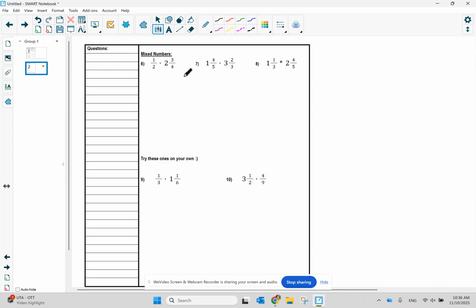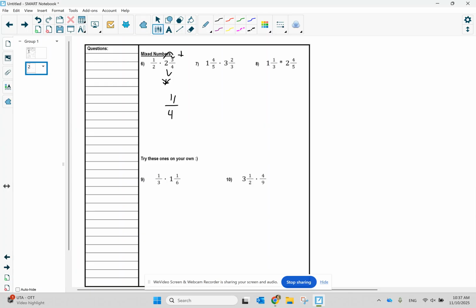Next, we're going to get into mixed numbers. And when we have a mixed number, we have to make it improper. So remember, to make an improper fraction, we multiply the denominator times the whole number, and then we add in that top number. So we do 4 times 2 is 8, plus 3 is 11. So we'd have 11.